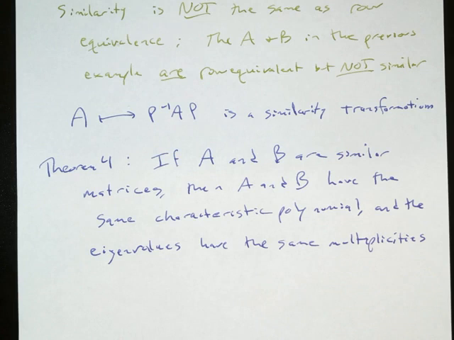Not only do similar matrices share the same eigenvalues and the same polynomial, they share the same rank, the same trace, the same determinant, the same nilpotent index, a whole bunch of other things. The same Jordan normal canonical form. I don't even know what that is. There's so much that connects similar matrices.